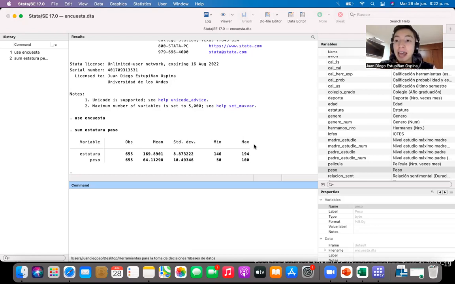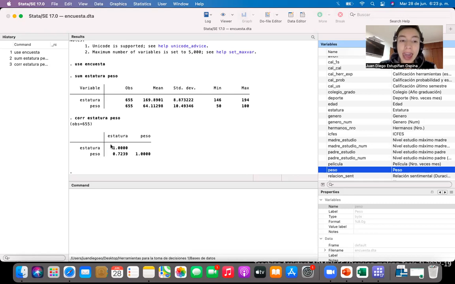Also, remember that if we are going to apply the PCA, we want to validate if those variables are correlated. So we can use the command correlate or just corr. And again, the same two variables.